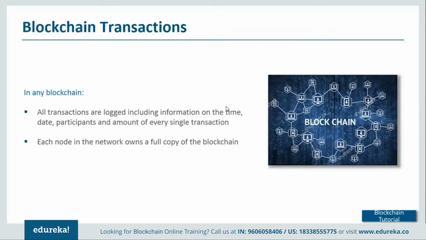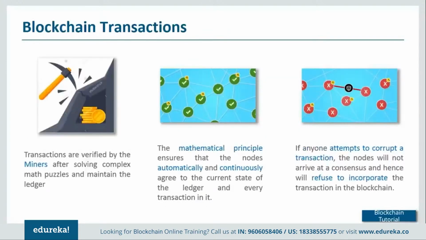Talking more about the transactions involved in a blockchain, each transaction is verified by a miner after he solves a complex mathematical puzzle. And once he solves this and verifies the transaction, he maintains and updates the ledger as well. Now, the mathematical principle which is involved as part of the validation process ensures that every node which is part of the blockchain is automatically and continuously in sync with respect to the current state of the ledger and every transaction in it.